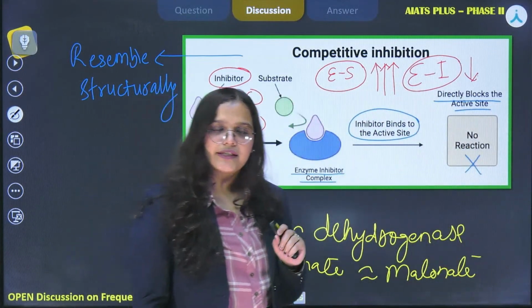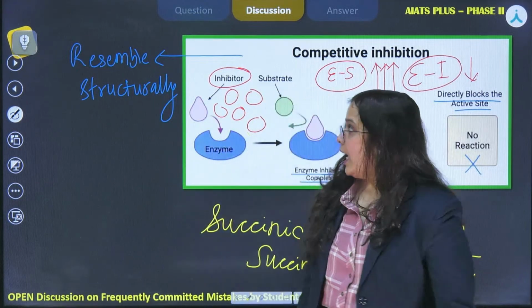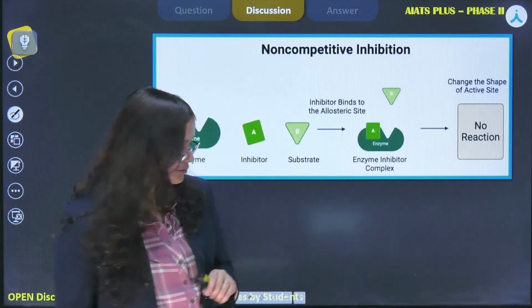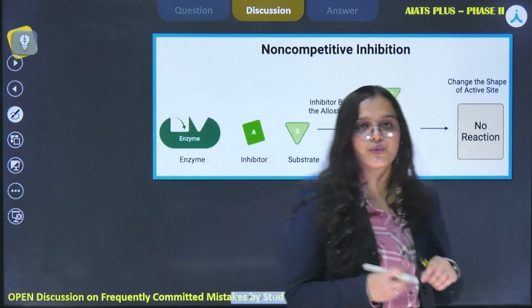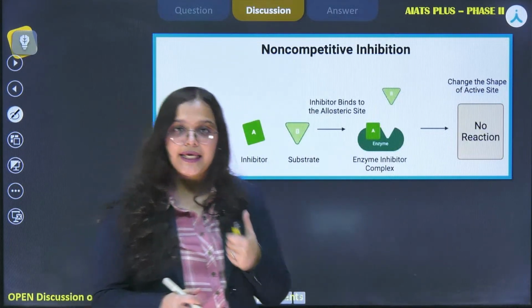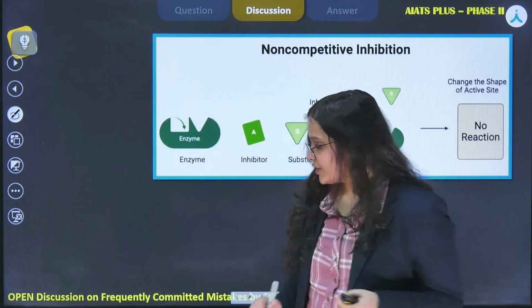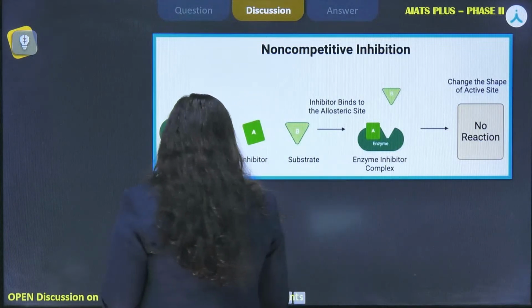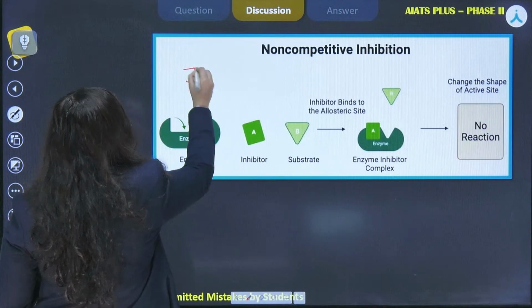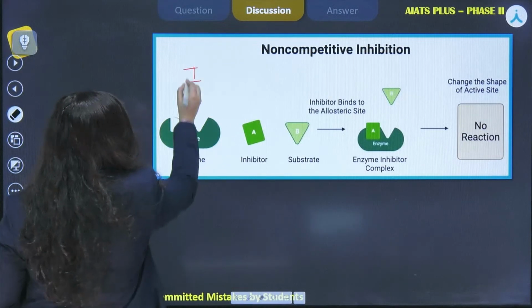Now we also saw that in our question we had discussed non-competitive inhibition. The difference between competitive inhibition and non-competitive inhibition is that the inhibitor present here will not bind to the active site of the enzyme.